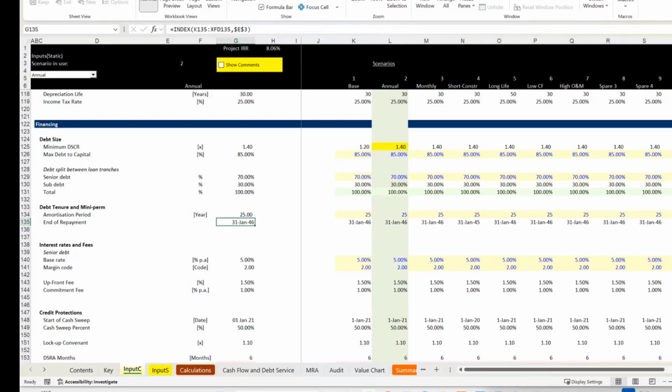Okay. So how are we using this, Ed, in the maintenance reserve account? If the maintenance expenditure comes after the repayment, I don't have to reserve an amount for that.